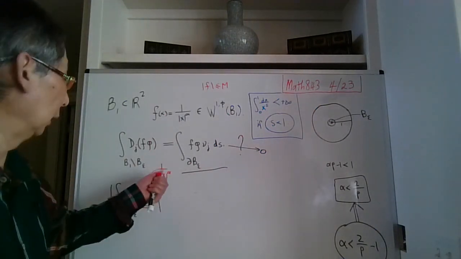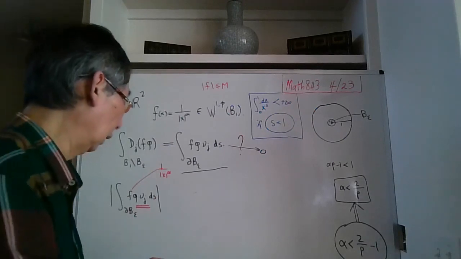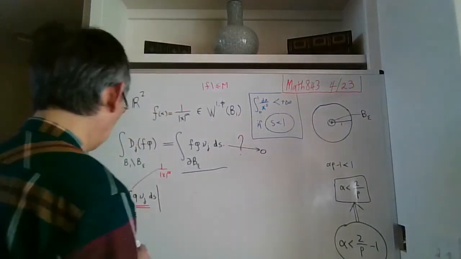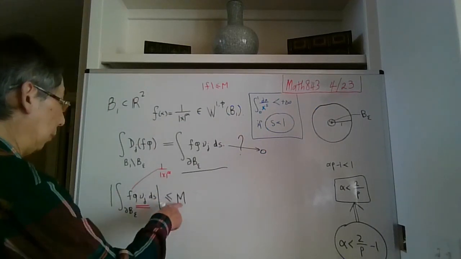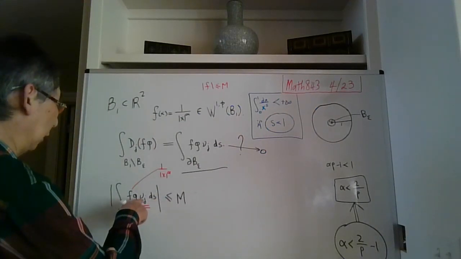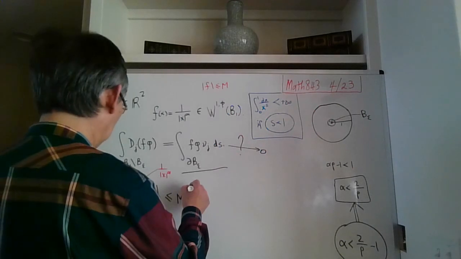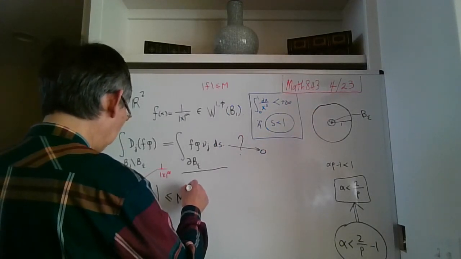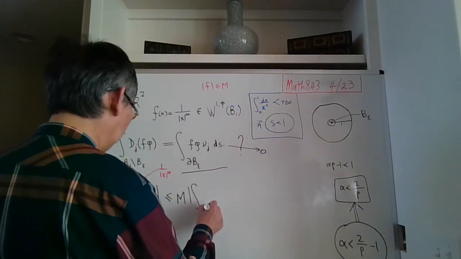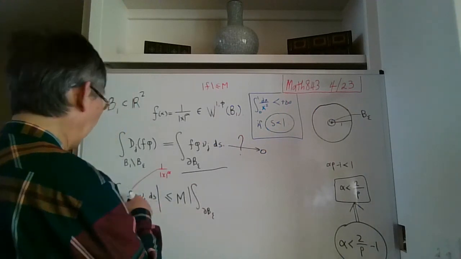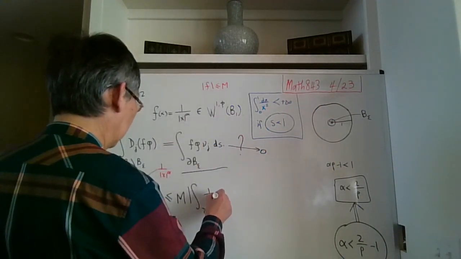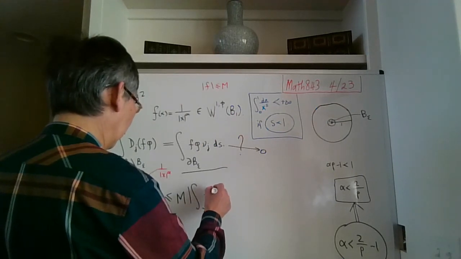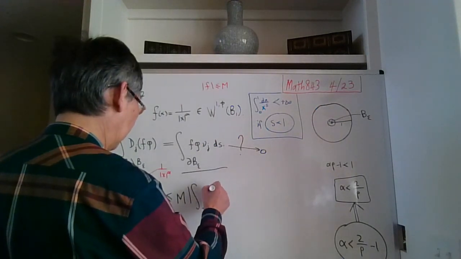So that term we cannot throw away. So this is less equal to a bounded term m, where m is a constant that bounds phi times mu. Then you have the integration of this, and f is given by that. So there's 1 over x alpha, and ds.